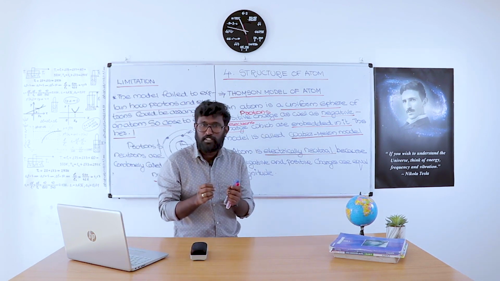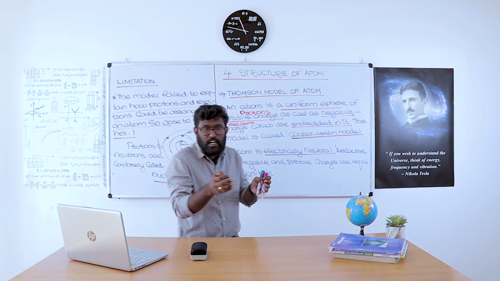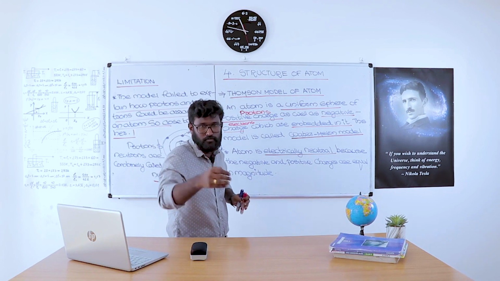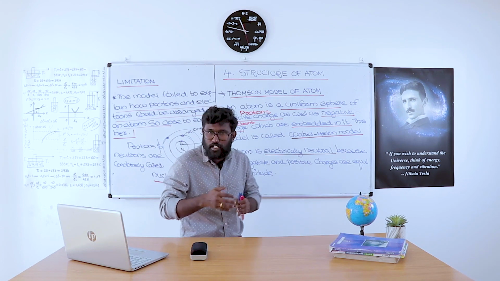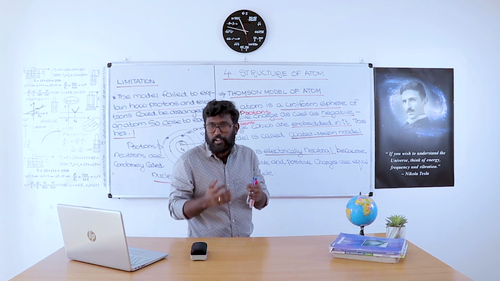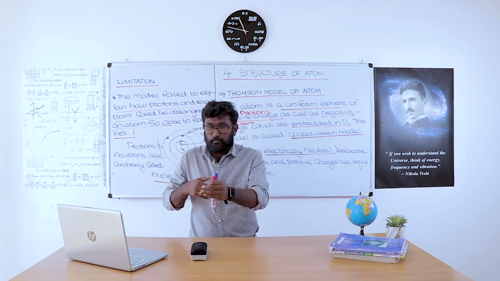J.J. Thomson simply failed to explain how the electrons and protons are arranged inside the atom so close. So he fails to explain that. Therefore, a demerit arises.